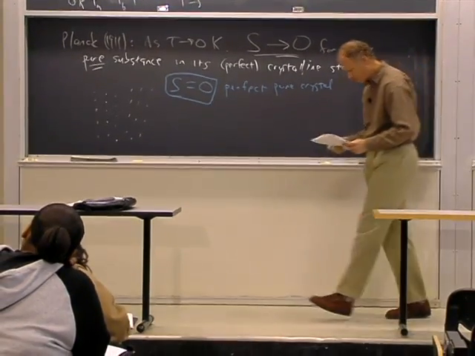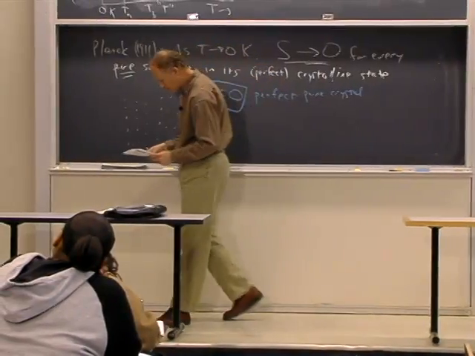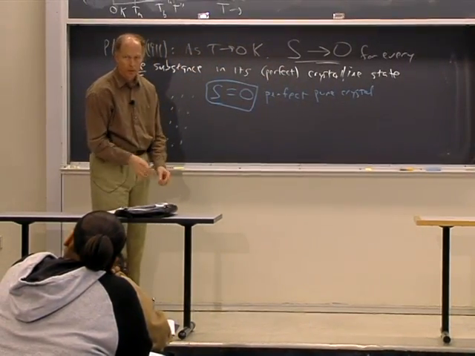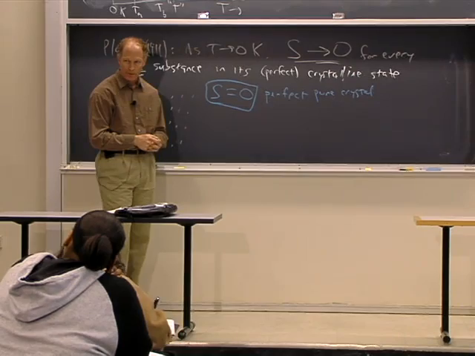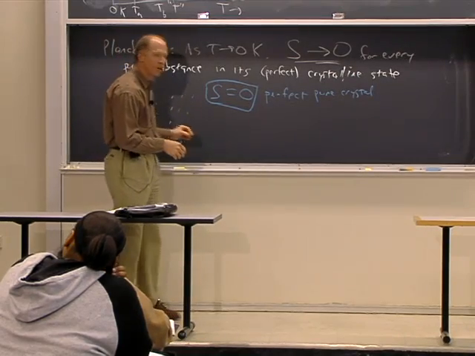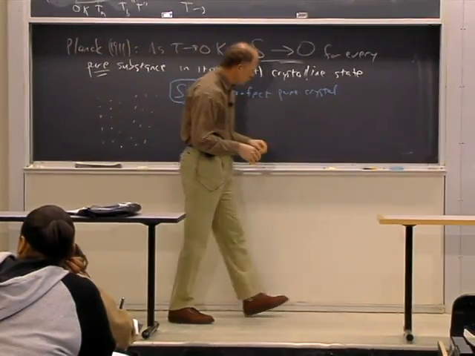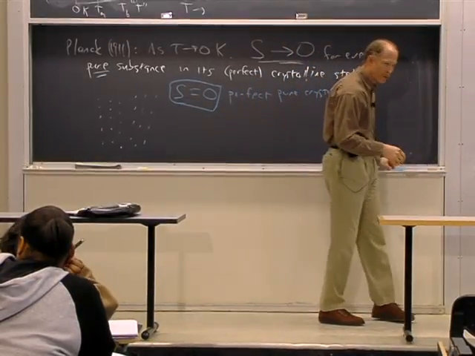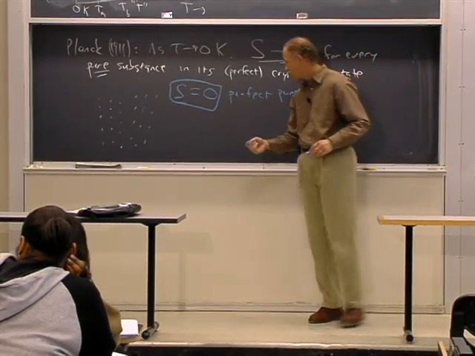Okay. Well, this came out of a microscopic description of entropy that I briefly alluded to last lecture, and that, again, we'll go into in more detail in a few lectures hence.